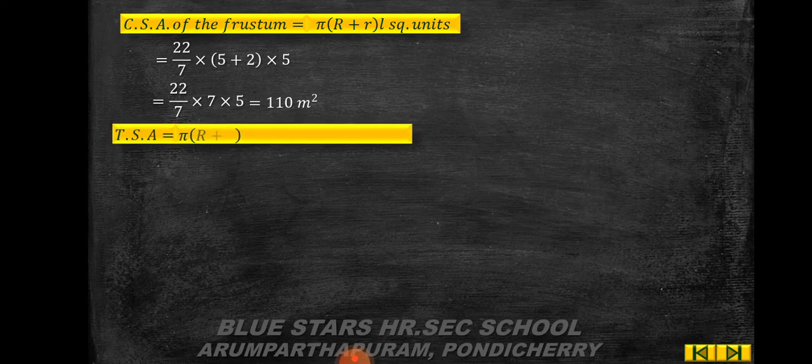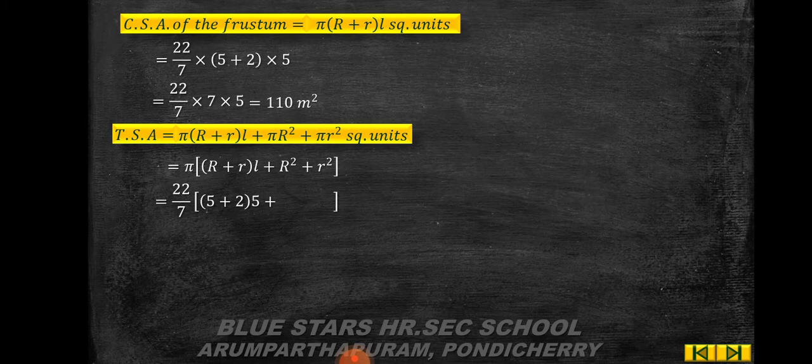Next, TSA of the frustum is equal to pi into capital R plus small r into L plus pi capital R square plus pi small r square units, which is equal to, taking pi common out, pi into capital R plus small r into L plus capital R square plus small r square, which is equal to 22 by 7 into 5 plus 2 into 5 plus 5 square plus 2 square, which is equal to 22 by 7 into 5 plus 2 is 7.